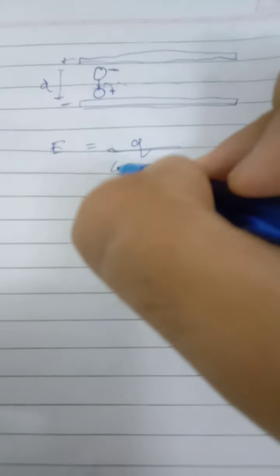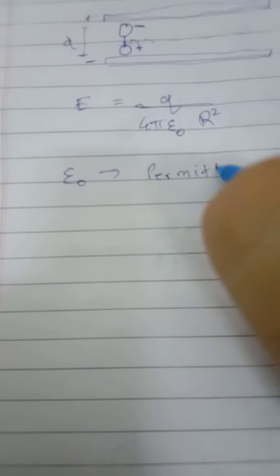So as we just discussed, the formula for the electric field due to a single charged particle is written as Q upon 4 pi epsilon naught r square, where epsilon naught is the permittivity of free space or vacuum.